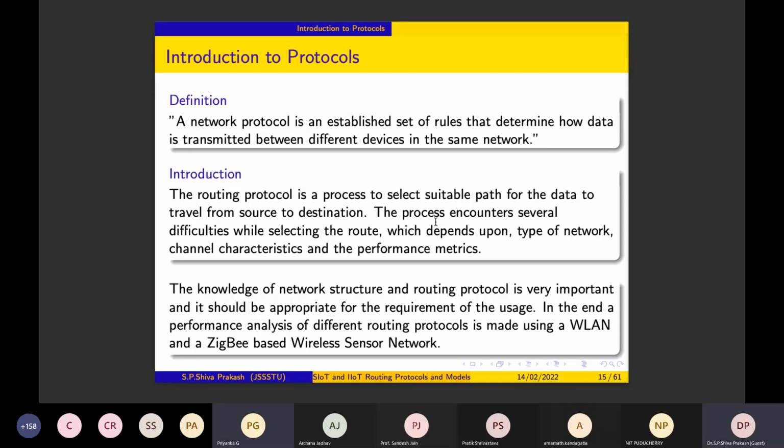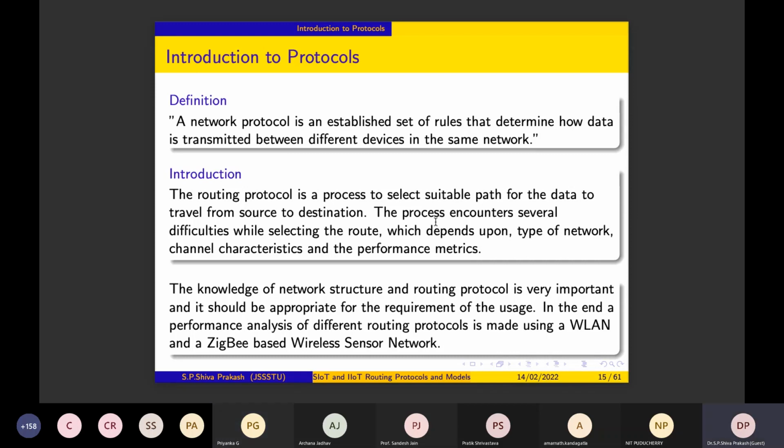A routing protocol is a process of selecting a suitable path for the data transfer from source to destination. It basically follows two important things: one is route discovery and another is route maintenance.